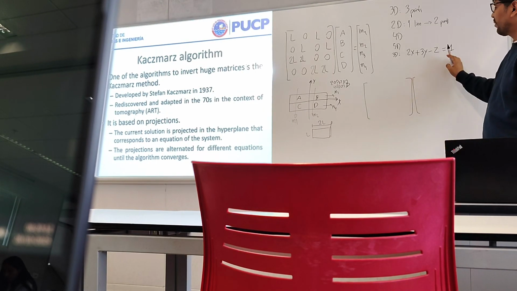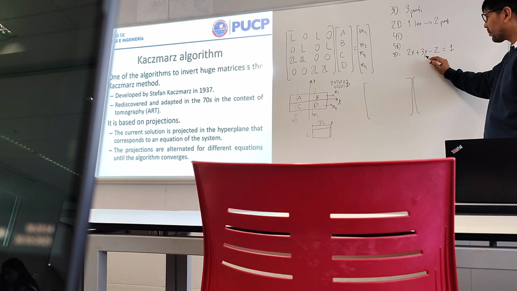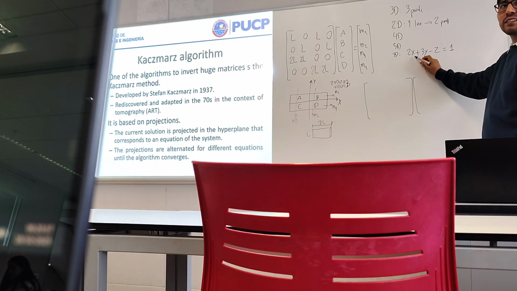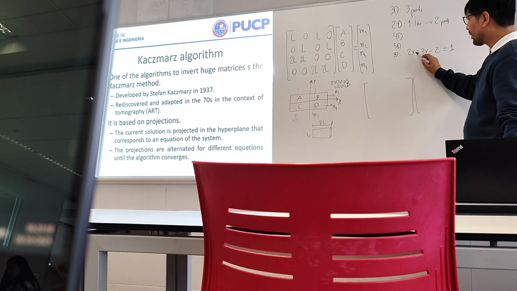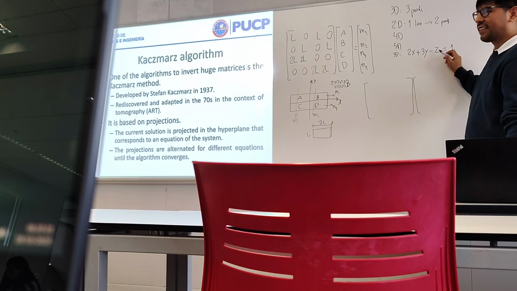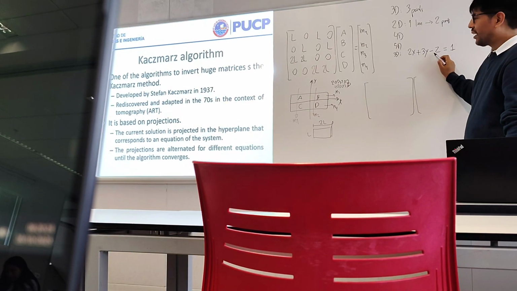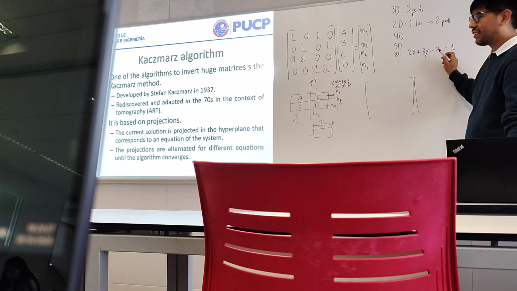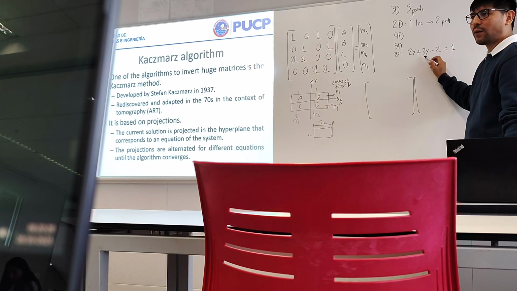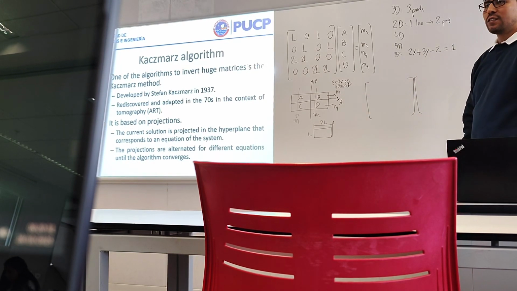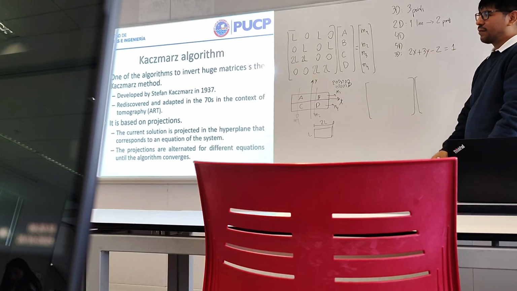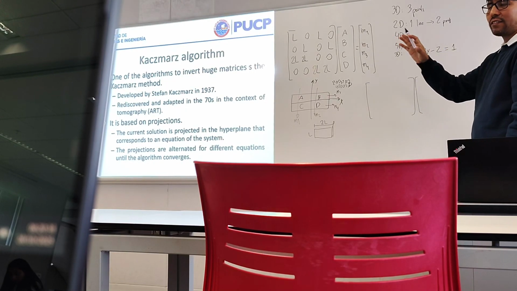That defines a plane. And you can plot that in 3D. Just make, for example, x, y equal 0 and see the intersection in z, or make y and z 0 and see the intersection in x, and x and z 0 and see the intersection in y. You can get your 3 points and more or less draw the plane.